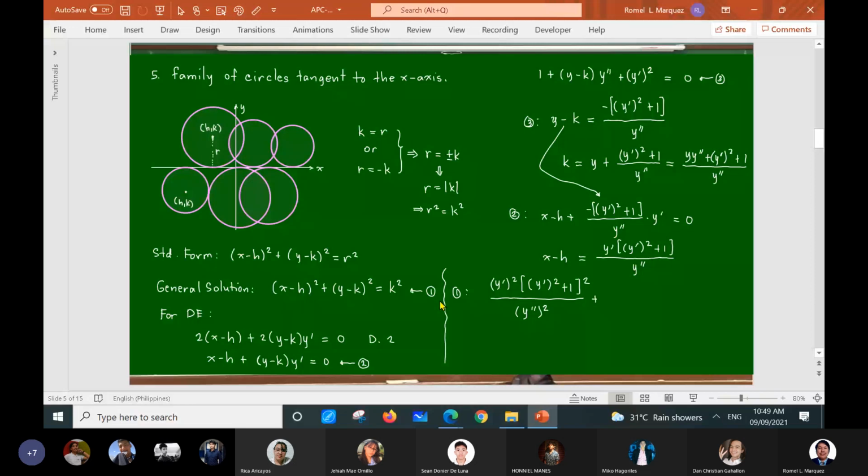No more negative pag in-square. Y prime quantity squared plus 1 squared all over, kasi naka-square y minus k, y double prime quantity squared also. Ang right side yung value ng k. Ito yung value ng k. I-square din natin. So y double prime plus y prime squared plus 1. Okay? All over. Naka-square din to, right?